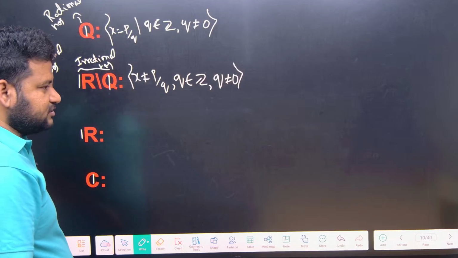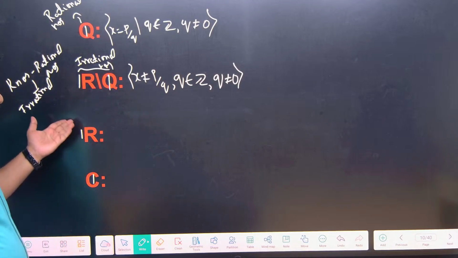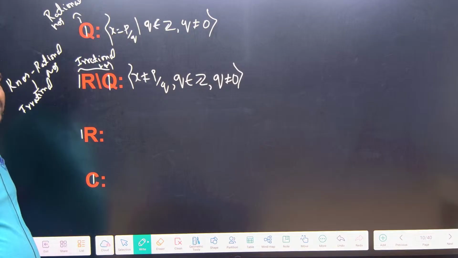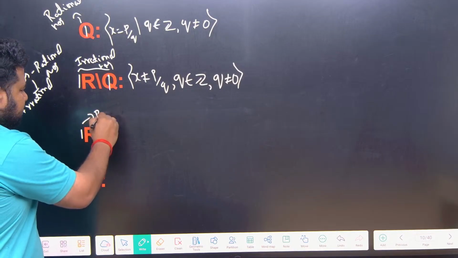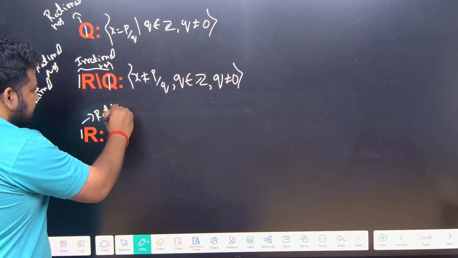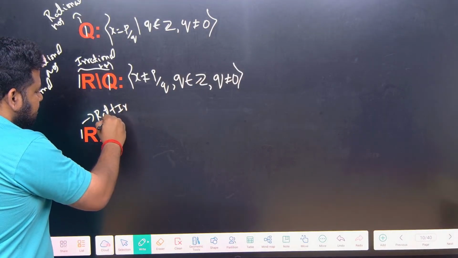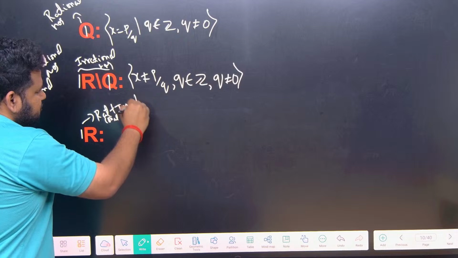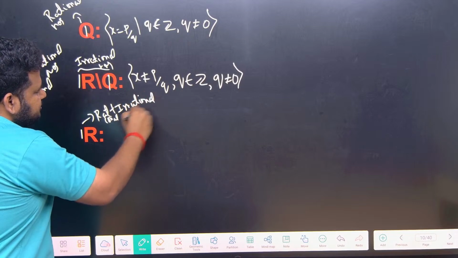Clear? Next, observe the set of all real numbers. The set of all real numbers has rational plus irrational numbers. This is the rational part and this is the irrational part.